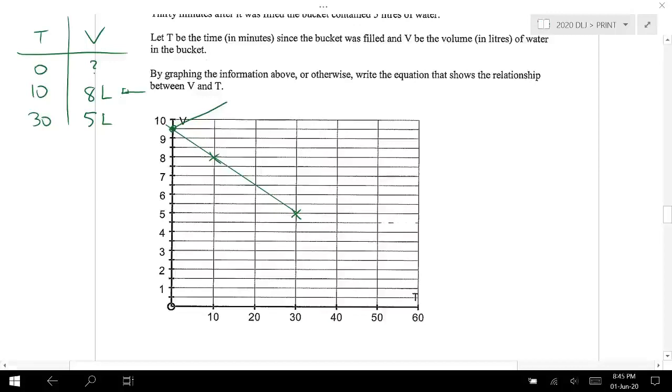Also, we can use these 2 points to find our gradient. So what are we doing? We're going down 3 litres, and that takes 20 minutes. So our gradient is going to be rise over run, 3 litres over 20 minutes.